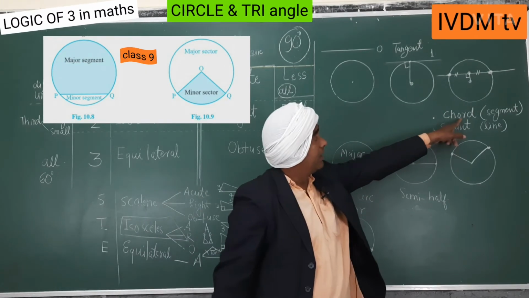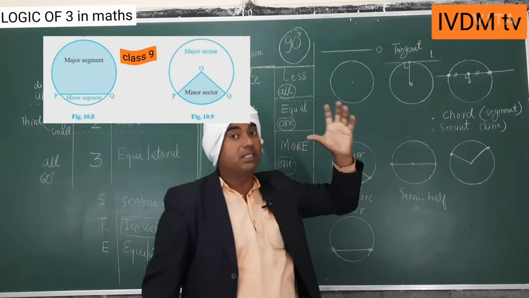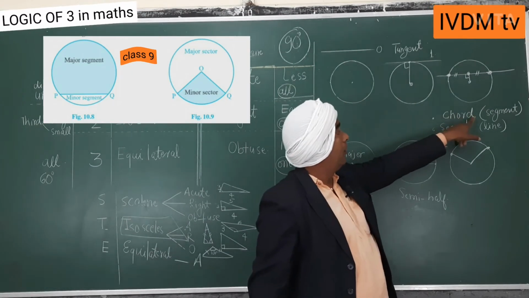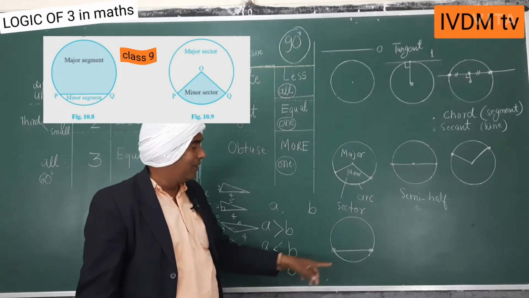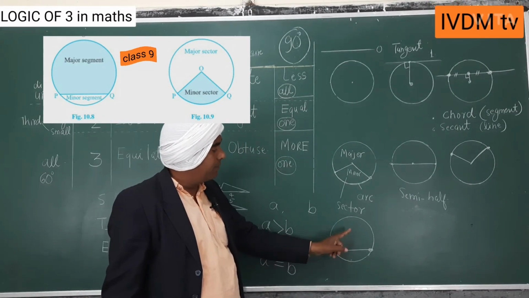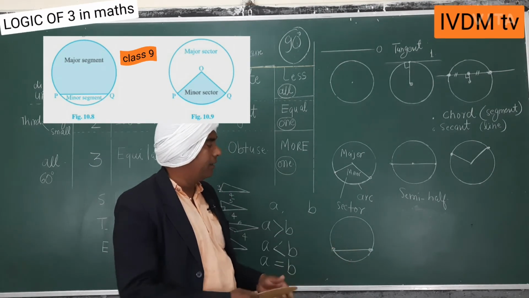R becomes silent, chord. CH means chord, just like chemistry. So I'm talking about chord. This may be a major segment and this minor, major, minor.